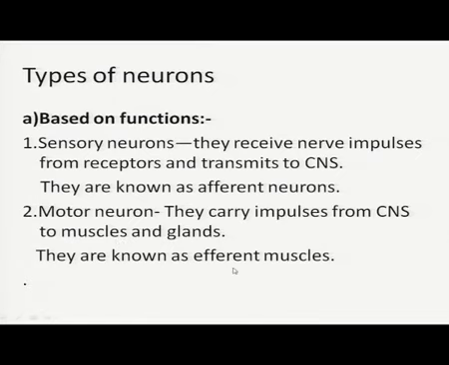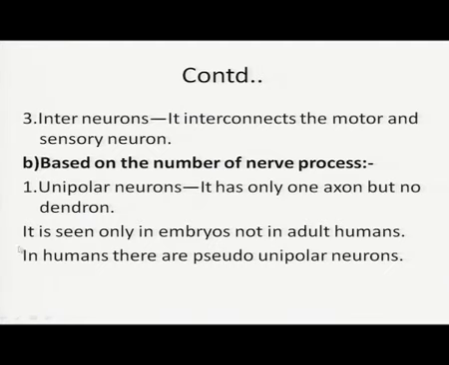They are known as efferent neurons. In between these two types of neurons, there is the third type, that is interneurons. Inter means in between. So, they interconnect the sensory neuron and the motor neuron.